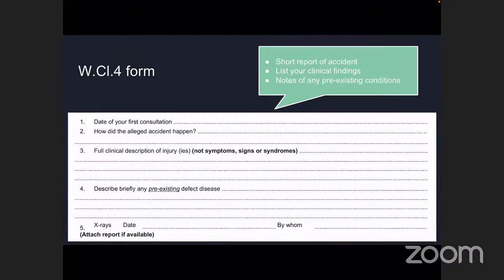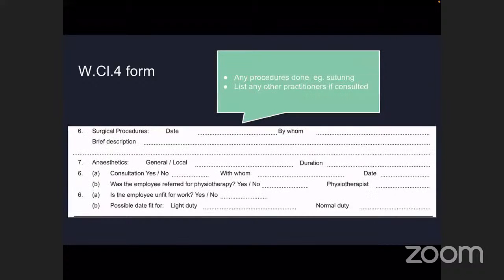And you can describe any previous medical history or pre-existing disease that you find, whether x-rays were done, and the reports if available. Further on from that, you can list any surgical procedures. For example, if you sutured any wounds, and you can list if you've contacted any other practitioners for any advice or referral from there.